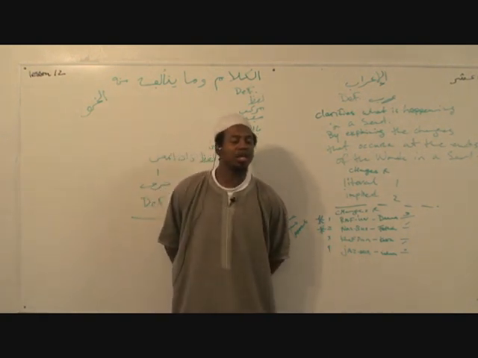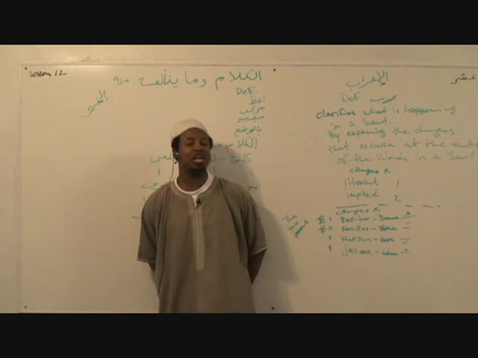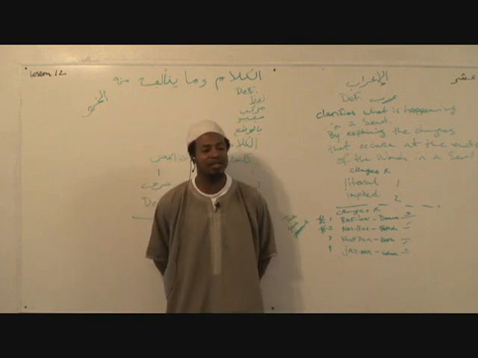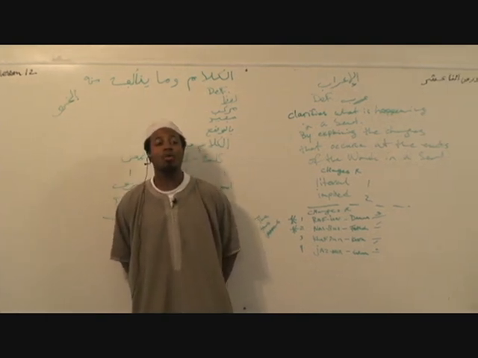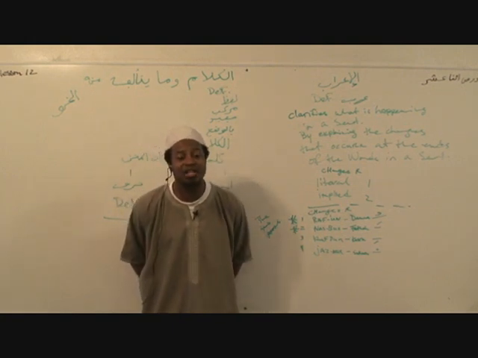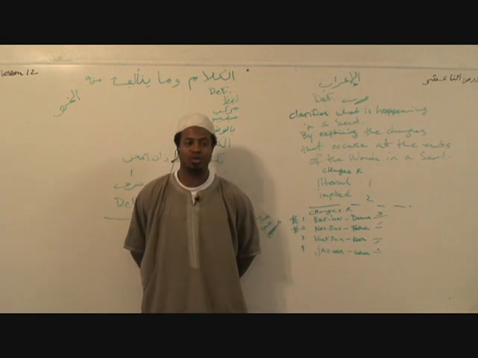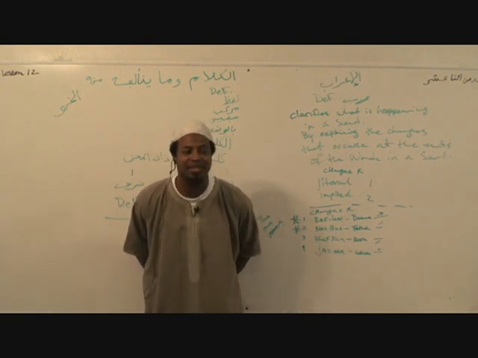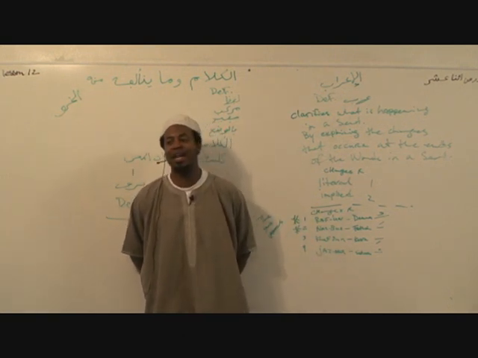Thank you very much. She said that it is the changes that take place and let you know what's happening in the sentence by letting you know the meanings of the changes at the ends of the words. Not at the end of the sentence, at the end of the words in that sentence.